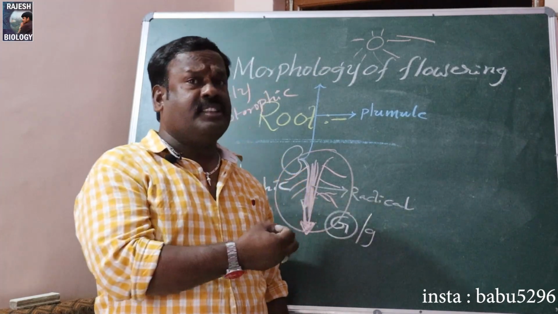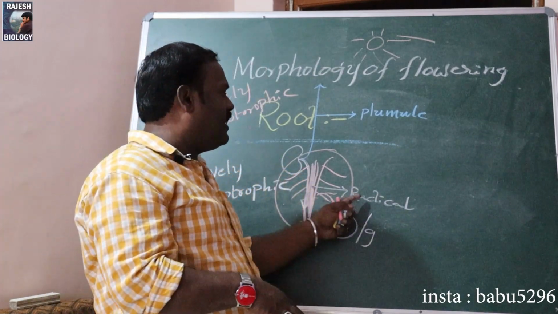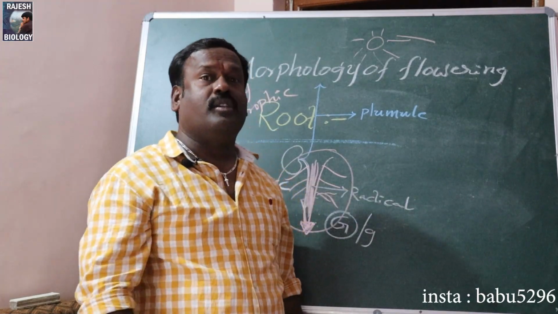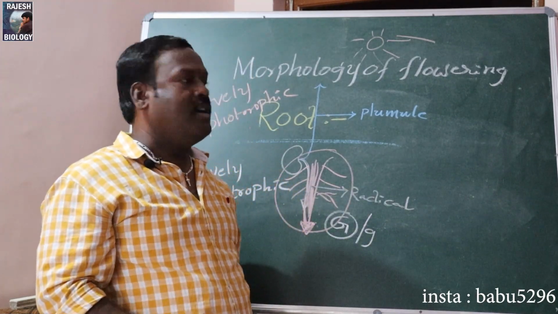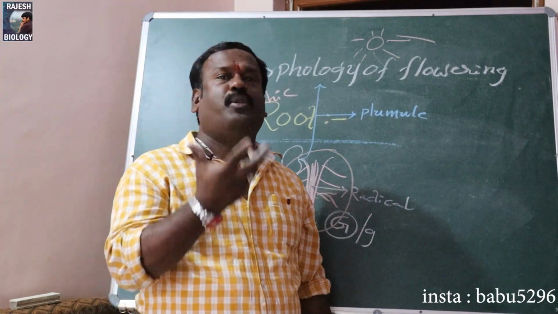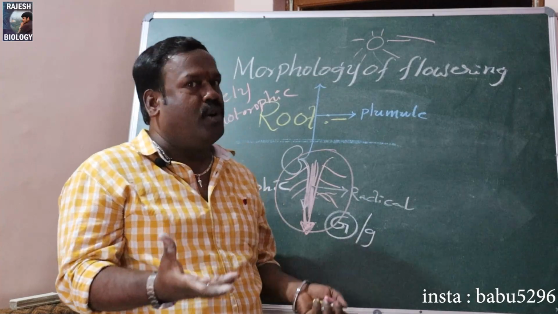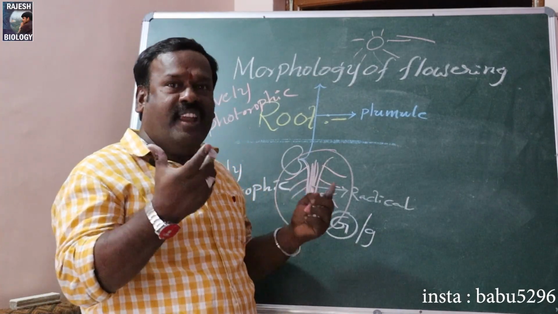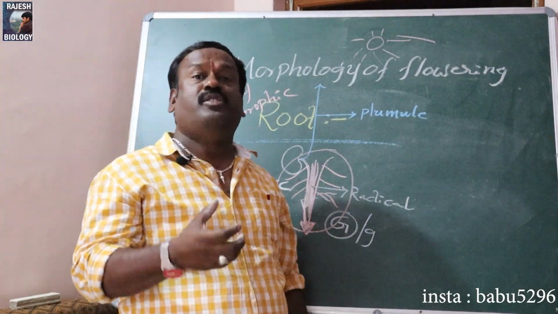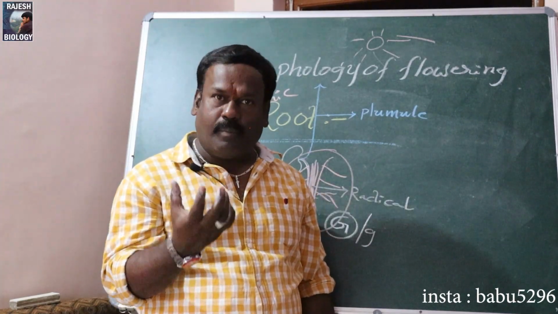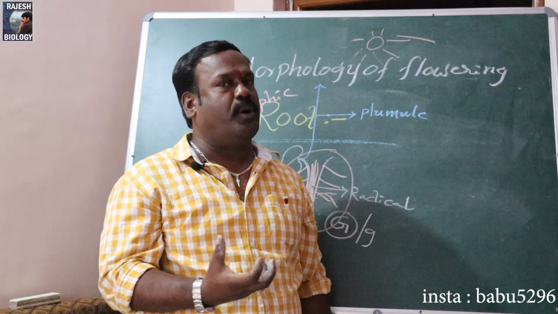This is also a characteristic feature of the root. Many characteristics we will discuss. The radicle changes into the root, grows towards the gravitational force, and gives mechanical support to the plant body. Sometimes some roots store food material also. What is the main function of the root? It gives anchorage and mechanical support to the plant body.